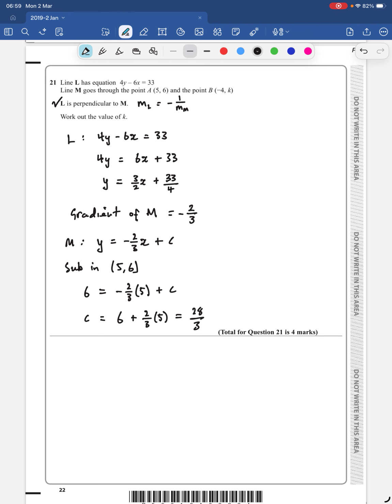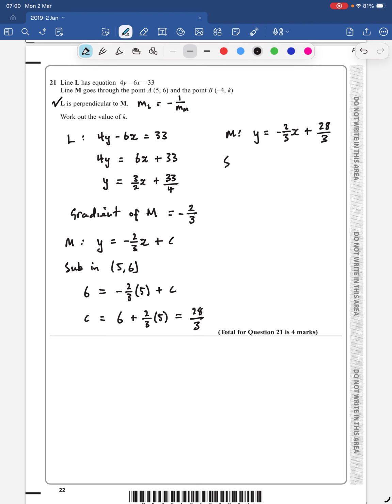So I've now got M is y equals, what did I say, minus 2/3 x plus 28 over 3.